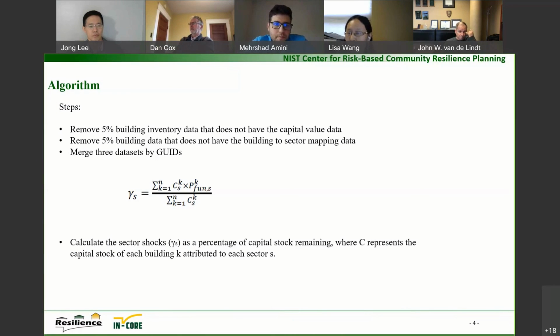Some buildings don't have the capital value, and some buildings don't have the mapping data. Then we merge the 3 datasets by GUID. Then we can use this equation to determine the sector shocks as a percentage of capital stock remaining, which is the output of the capital shock module.